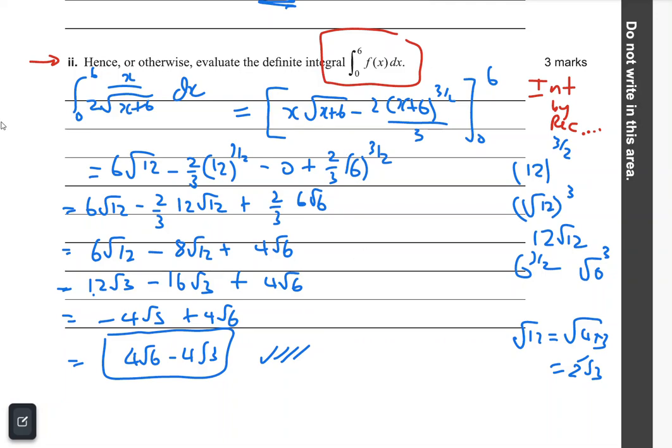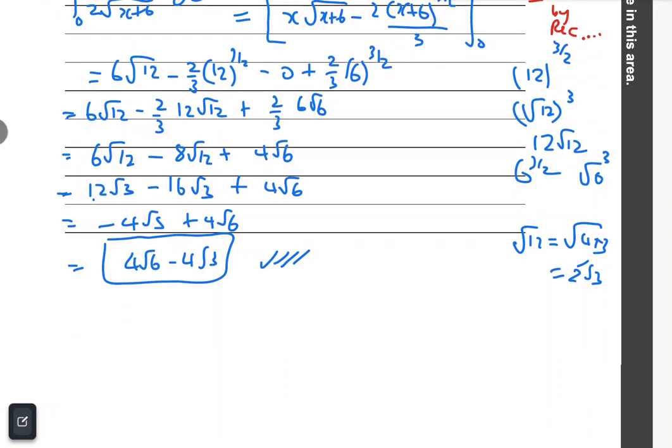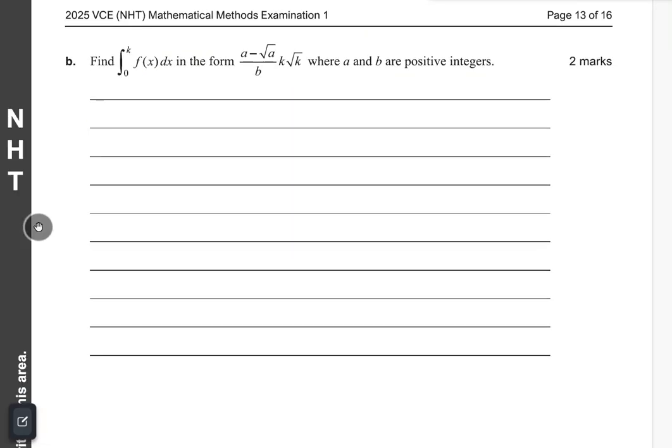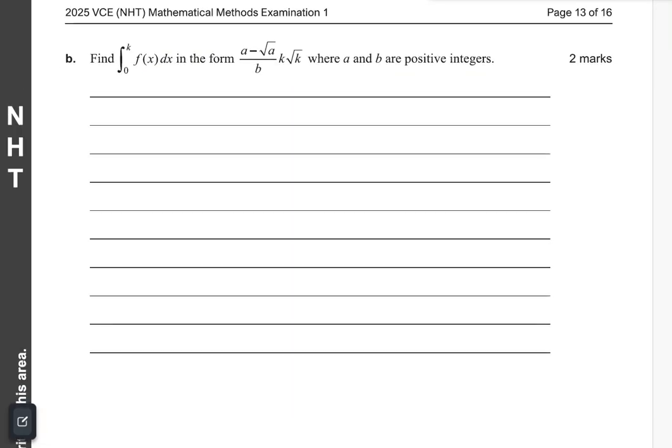Okay, so over the page, the last question on the exam. So I've got to do the same thing, but in terms of all k's. So what do I know from the previous page? So I want the integral from 0 to k of x on top of 2 square root of x plus k dx.